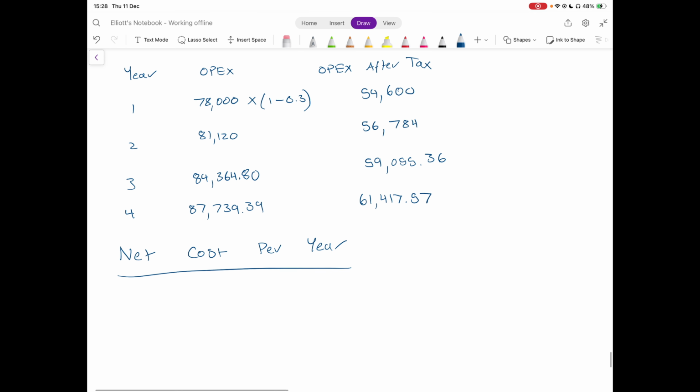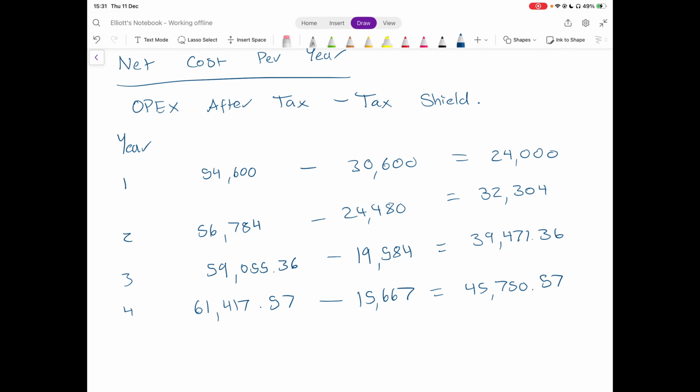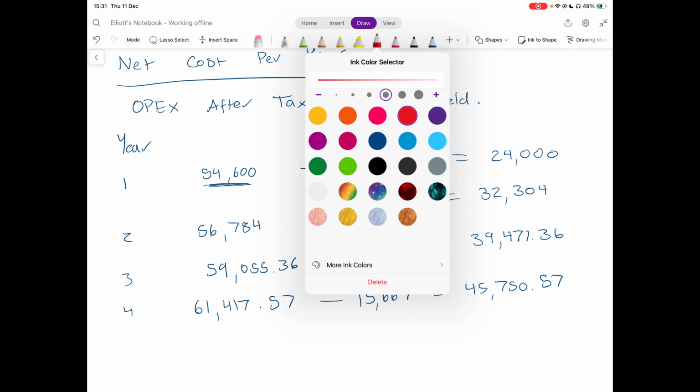And so what this is, you do the OPEX after tax minus the tax shield. So now after we've done that, we've subtracted the tax shield, and then this is the net cost here.